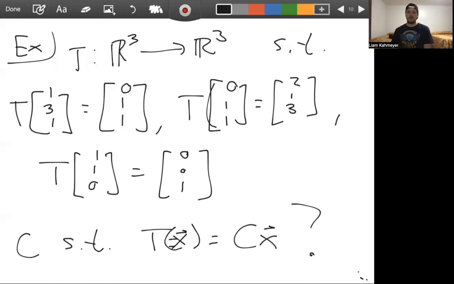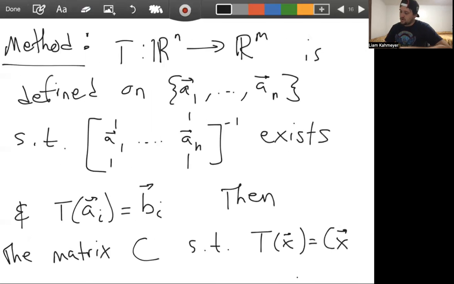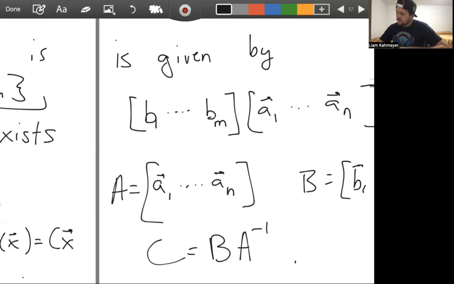Basically what this question is asking is, what's the matrix that induces or represents this transformation T? Well, first we need to construct this matrix A, where the column vectors are A1 through An. What would that be?